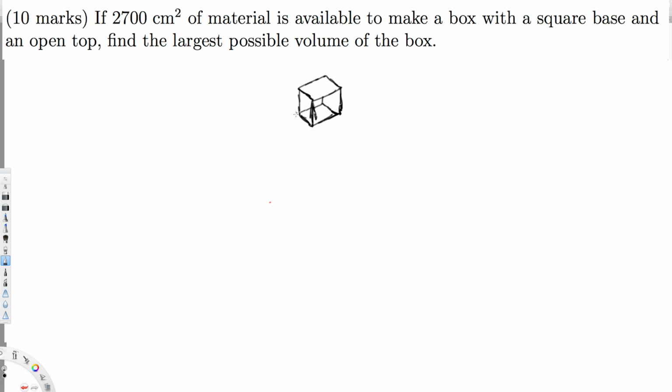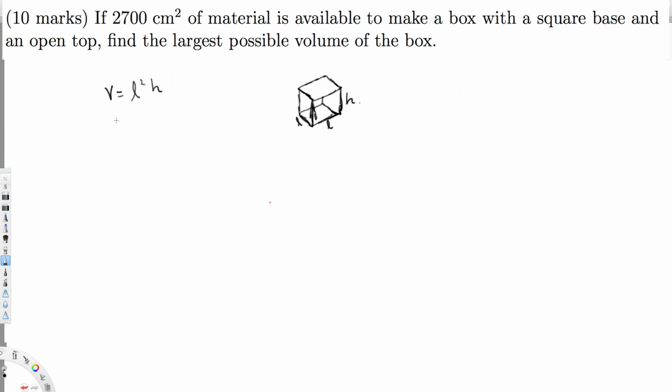Square base box means if the width is L, the length is also L, and the height is going to be H. Since it's related to the volume, we have to know the volume equation. The equation for this box is going to be L squared H, because volume is width times length times height, right? So this is going to be the volume.